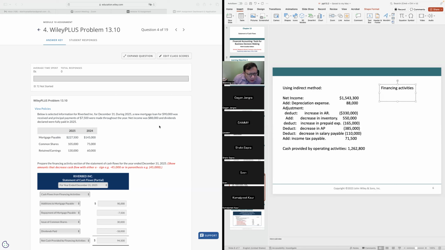And net income was this. Dividends declared were fully paid. Okay, so this one is not that obvious because the information was not given to you directly. You have to figure out some of the information you need.